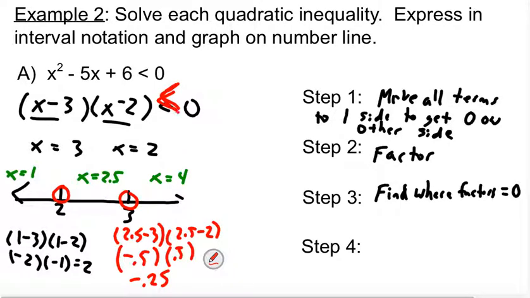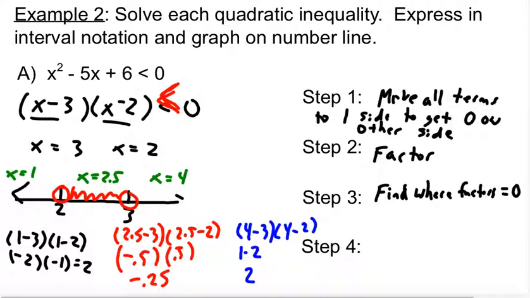So when I'm looking up here, is that less than 0? Yeah, it's less than 0. So I'm definitely going to shade this region in. All right, and then I could test my other value over there. It's a 4. I could put it in 4 minus 3 and 4 minus 2. 4 minus 3 there is 1. 4 minus 2 there is 2. When I multiply, I get 2. Is 2 less than 0? No, 2 isn't less than 0, so I'm not going to shade in this third region over here.